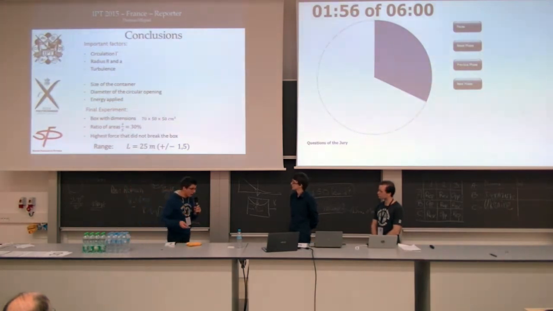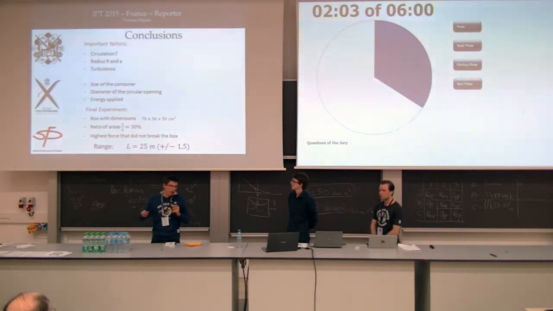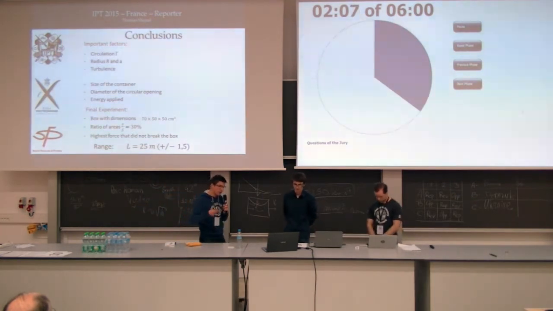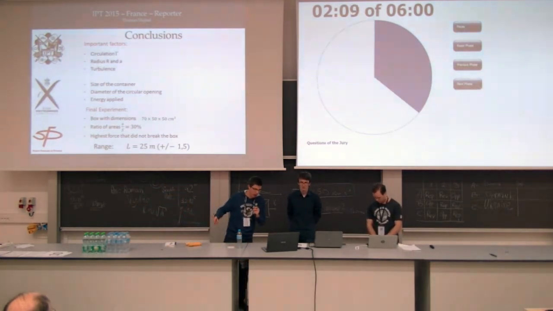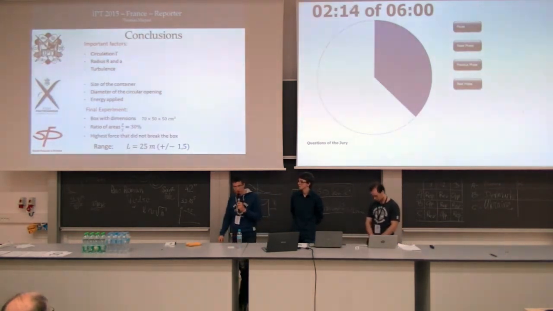Afterward, of course, the material of the box has an influence, and if I had more time, I would have been pleased to study the shape of the box and the material of the box, but I didn't have enough time, and I used these final experiments to optimize the range.